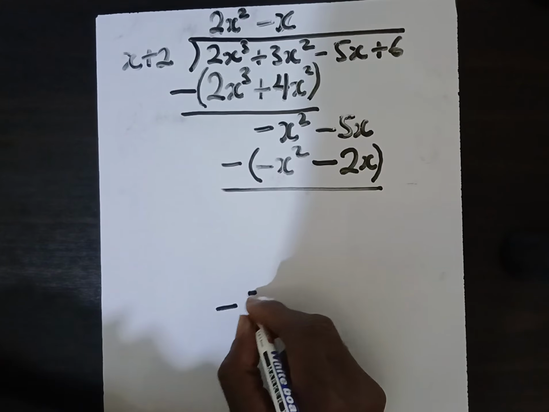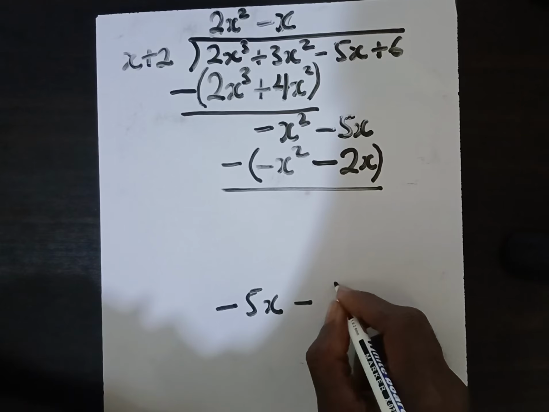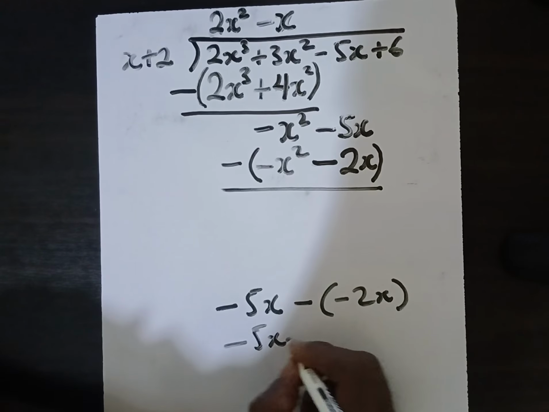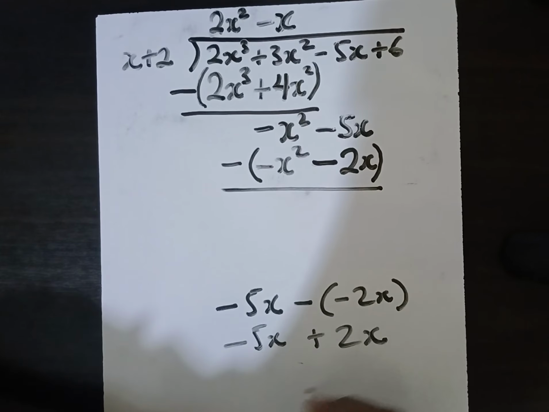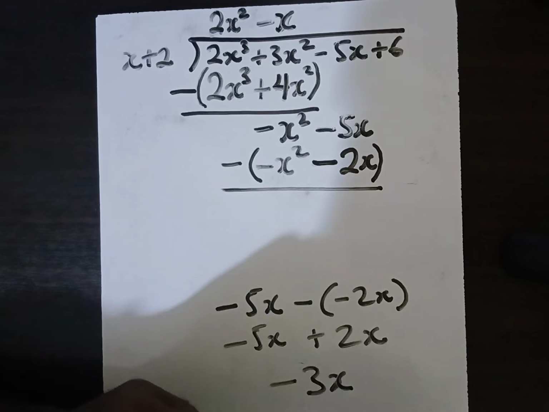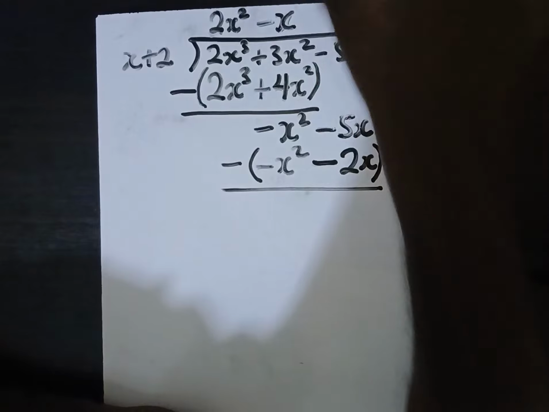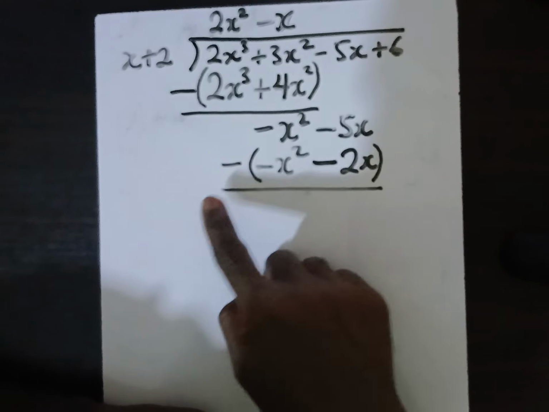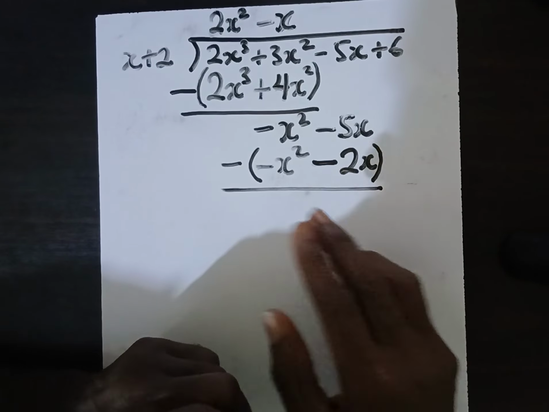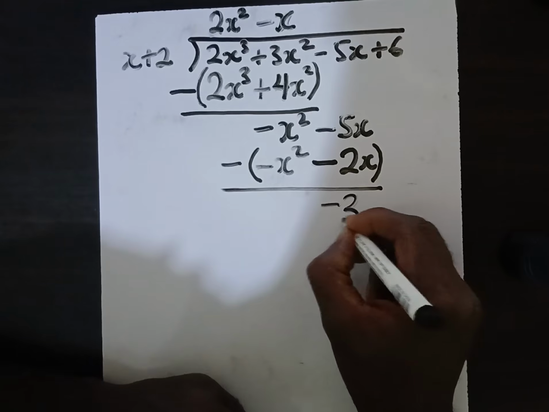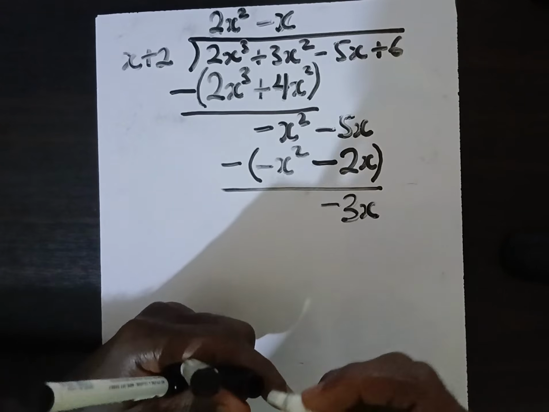That is negative 3x. When you are doing this, you have to take your time and look at where you are going to get negatives, because sometimes if you don't take care, it can confuse you. So we have negative 3x.